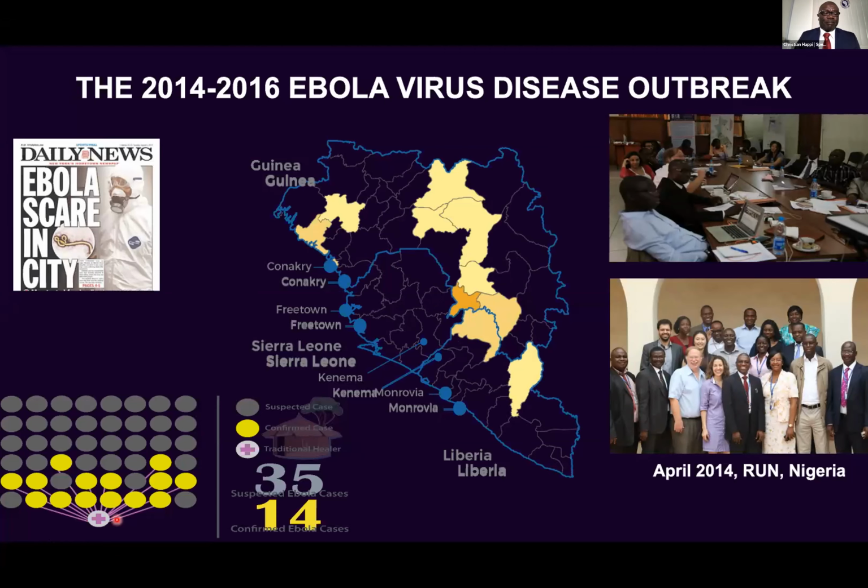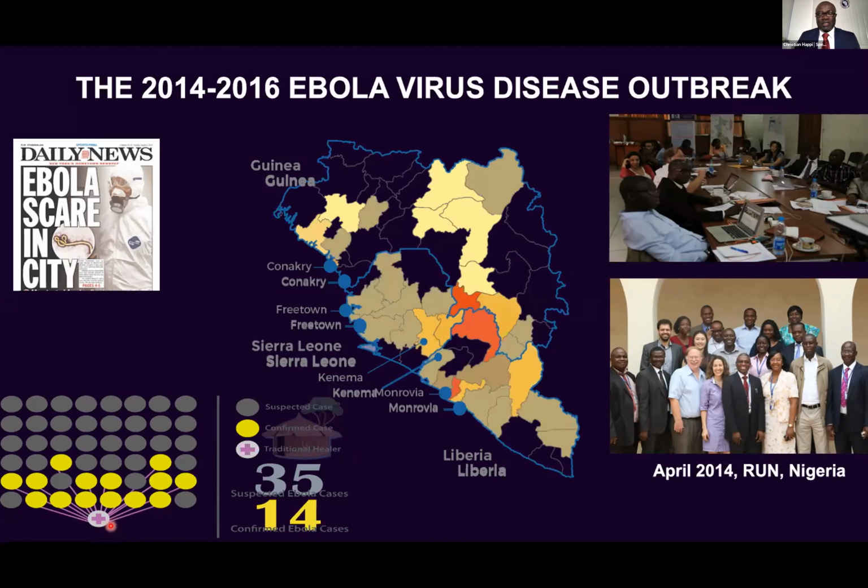In the first week of the outbreak in 2014, we identified 35 cases, 14 confirmed, and used genomic data to trace the first index case to a traditional healer in Sierra Leone, to whom all these cases were linked.